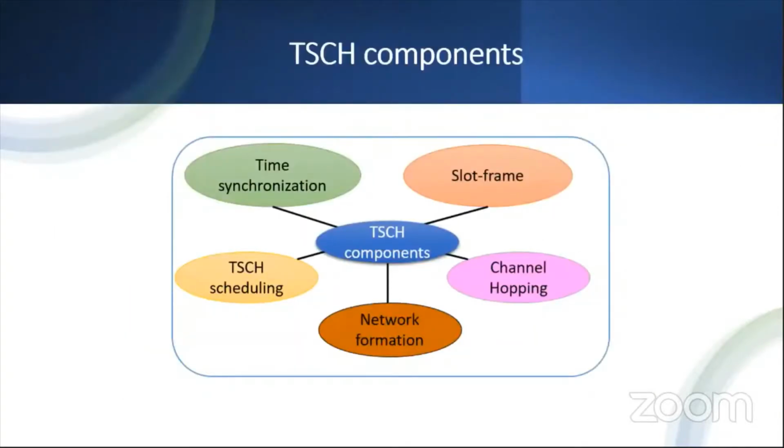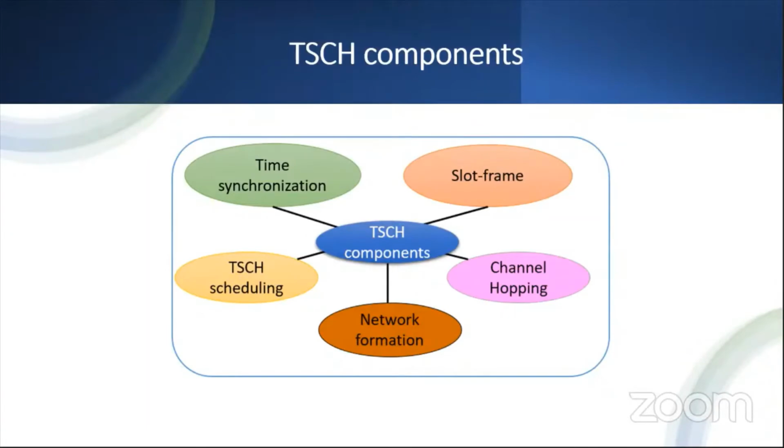If you look at the components and implementation of TSCH, there are 5 major components that you have to worry about. One is the slot frame. The other is the channel hopping. The third is you use slot frame and channel hopping and create the network. And then, of course, scheduling. It could be beacon scheduling, it could be packet scheduling, and so on.